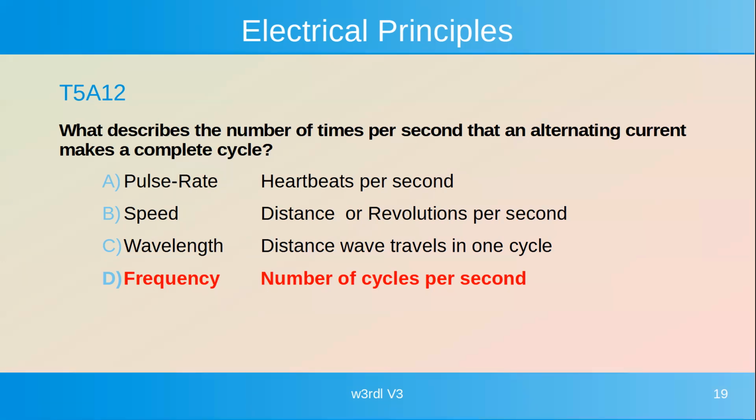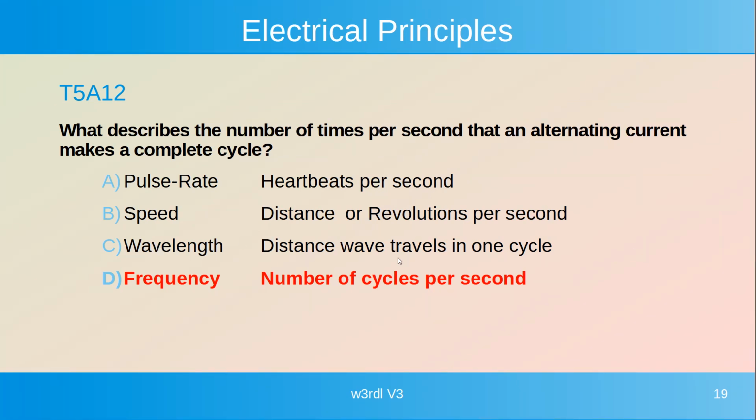Okay, so pulse rate. Sometimes they throw these weird left-field things in there, like pulse rate, which is heartbeats per second. Speed, which has nothing to do with it. We will talk about the velocity of the speed of light, but not necessarily speed, which usually refers to revolutions per second, or, like in your car, how many miles or kilometers per hour you're going.